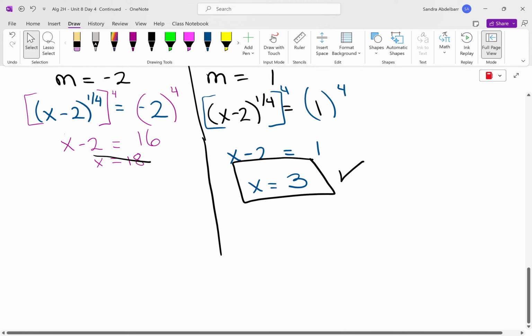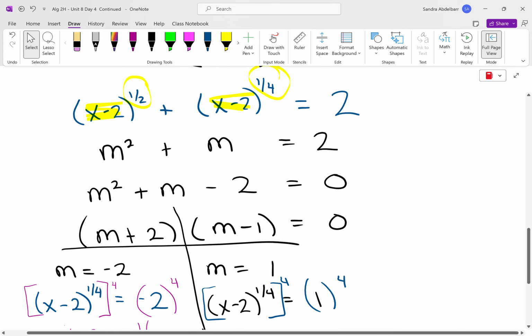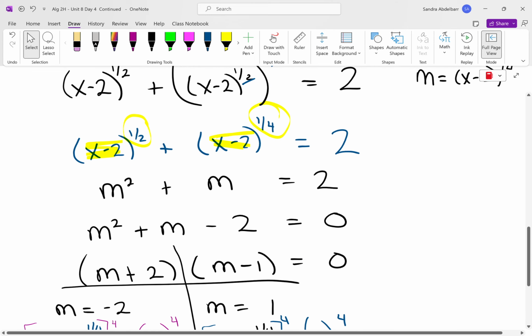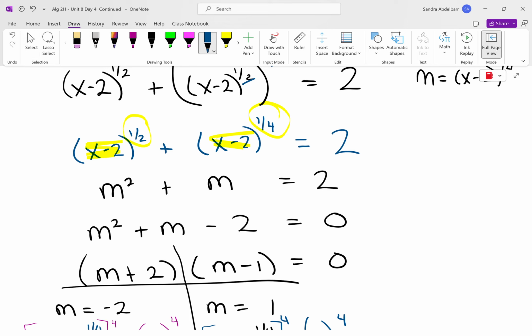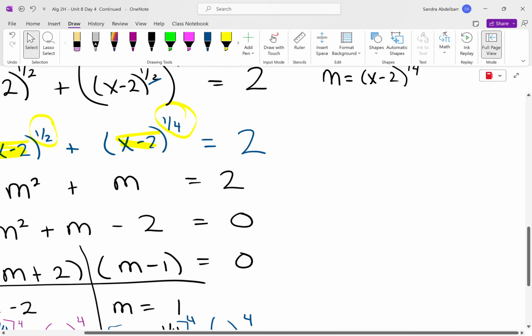Okay, so it feels like the original problem is that, in the original triangle that we made, technically, if instead of having x minus 2, we had x minus 2 raised to the 1/2 power plus x minus 2 to the 1/4 power minus 2, would you want us to factor and treat it like it was raised to the 1/2 power like we just did? Or would you want us to do it together in a different way?